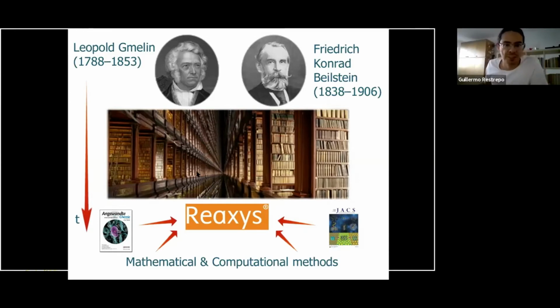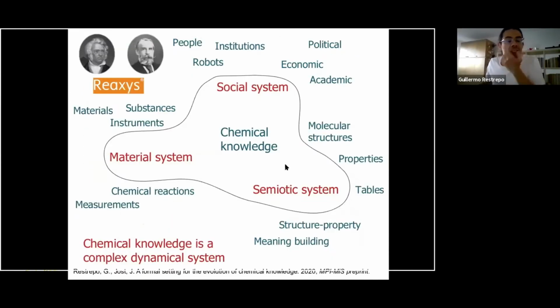The setting we have to study the evolution of chemical knowledge is this one, and this has to do with the previous talk: chemical knowledge is a complex dynamical system where we have the interaction of the material system of chemistry, the semiotic system of chemistry, and the social system of chemistry. From the interaction of those three systems, chemical knowledge emerges.